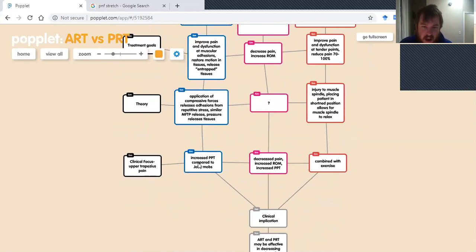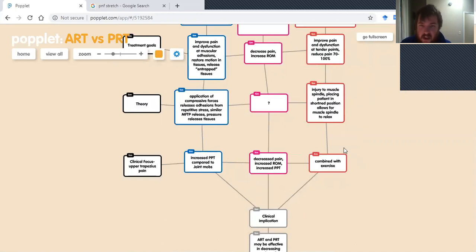So with ART, they found decreased pain, increased range of motion, and increased pain pressure threshold. And it did a better job of increasing the pain pressure threshold compared to joint mobs.